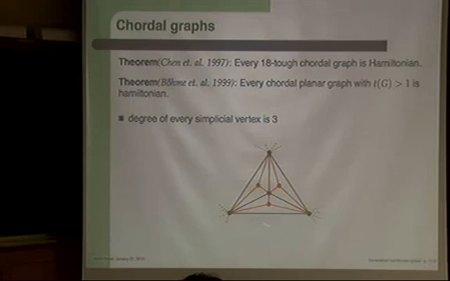You don't need to add all 3 vertices, but if you add, let's say, these 2 vertices here, then later on you can't add this one, because otherwise you would add it with these 2. So we will just group the adding of these simplicial vertices into this graph.